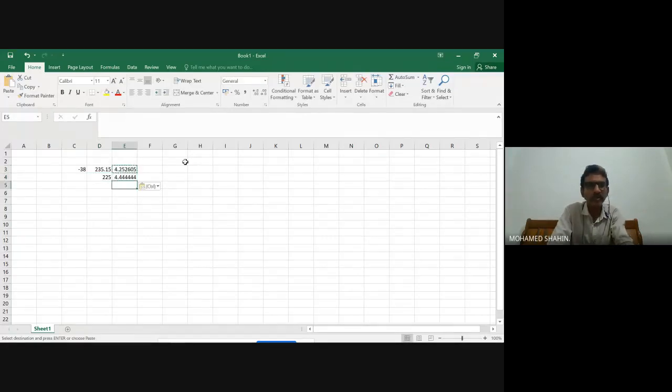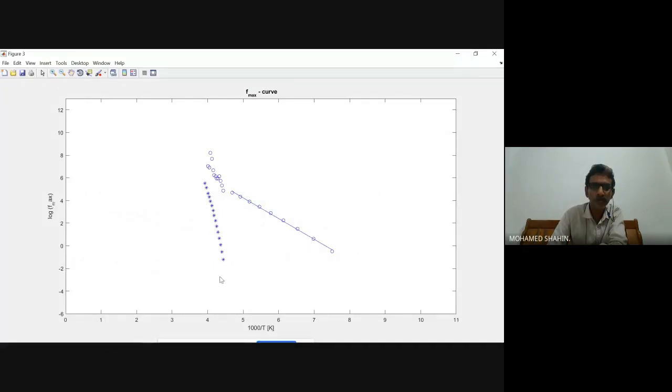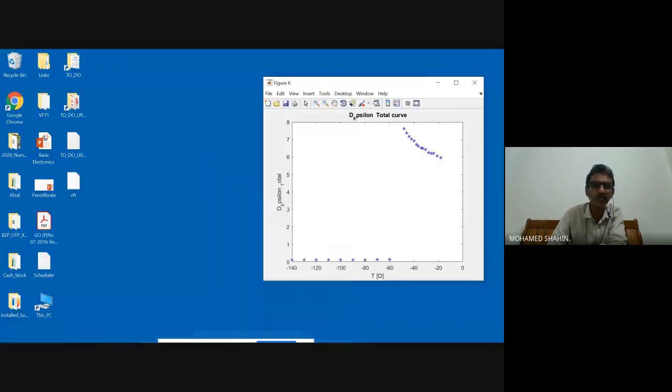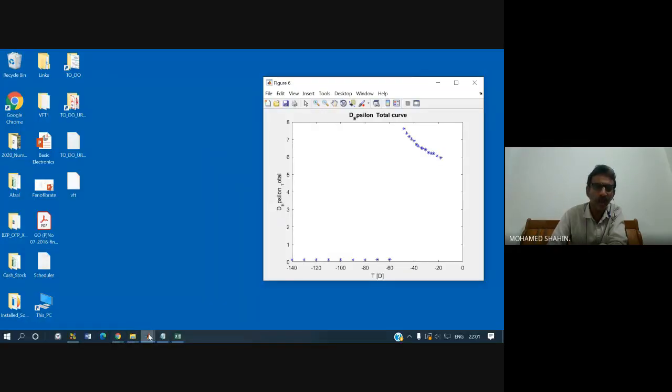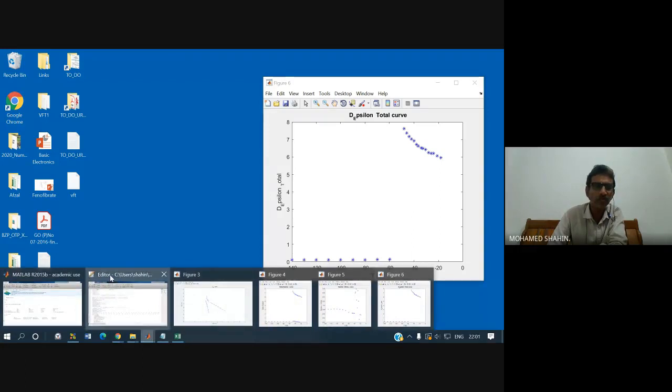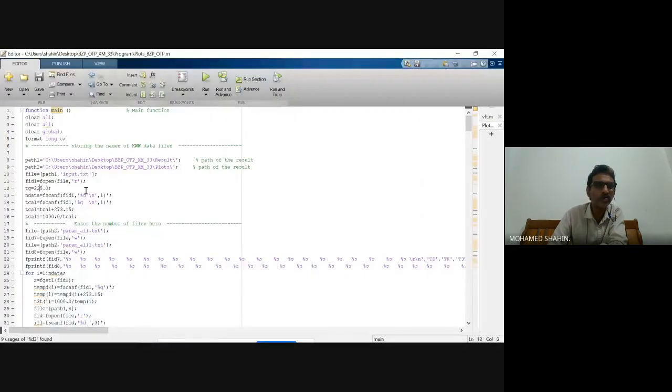Control C, Control V: 4.444. That means somewhere here. Now, instead of that, I am changing that value to somewhere around 210. What will happen? Save and run this program.